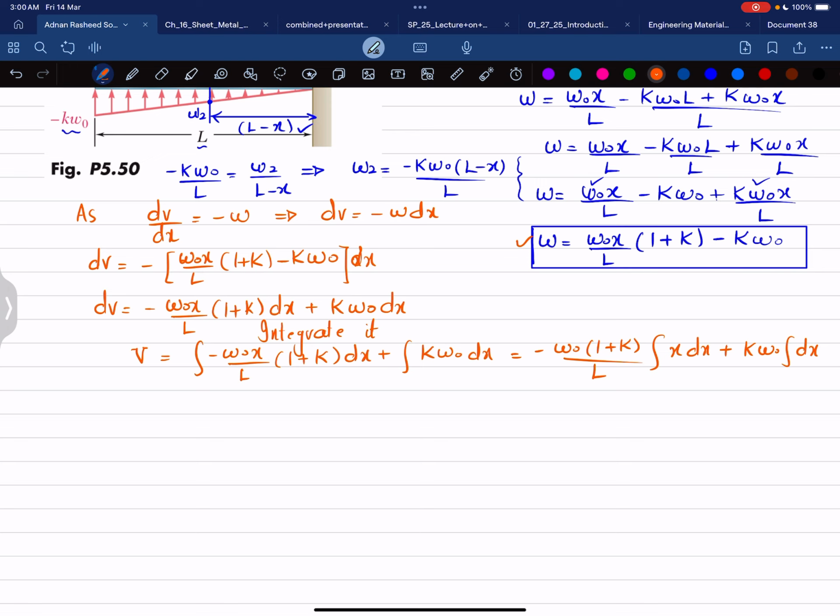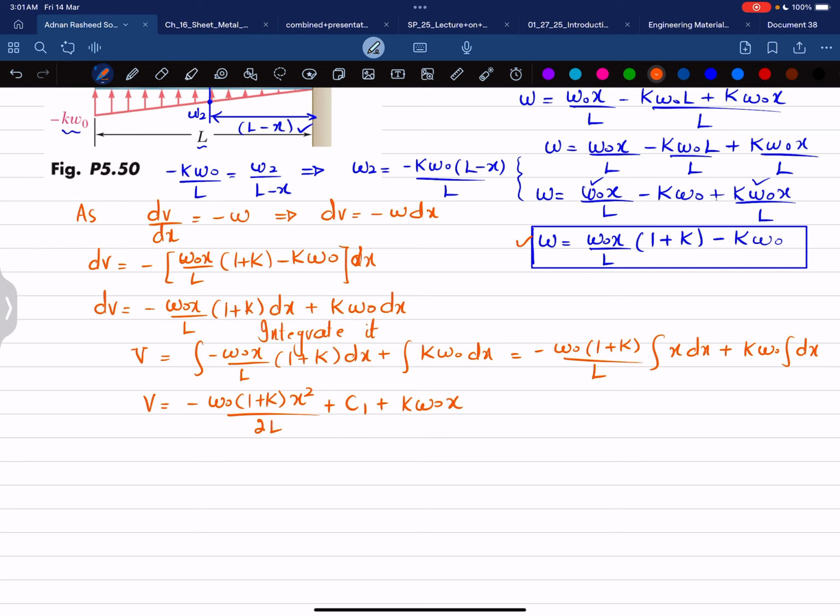So from here we get the shear force equal to minus W naught into 1 plus K into x square divided by 2L, plus a constant of integration C1, plus K into W naught x.